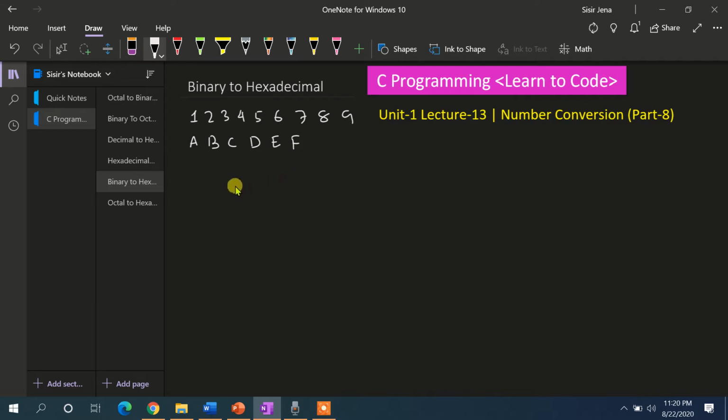Suppose any binary number is given, let's say 1011011010, and you are asked to find the hexadecimal equivalent of this binary number. There are two methods. One method is the longest procedure, which we have already discussed many times.